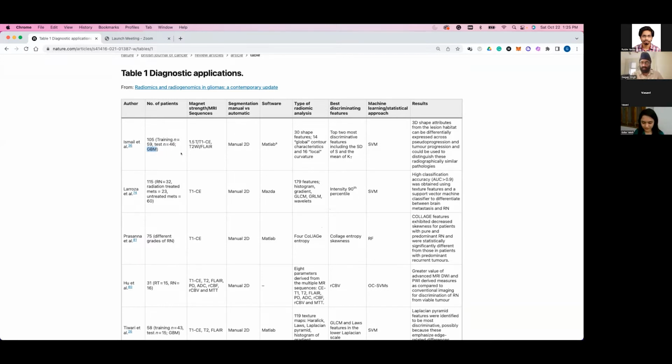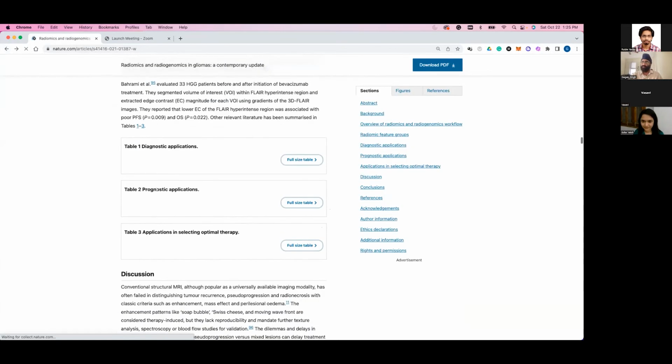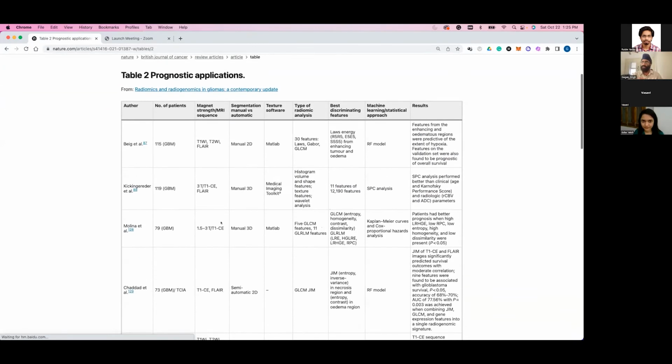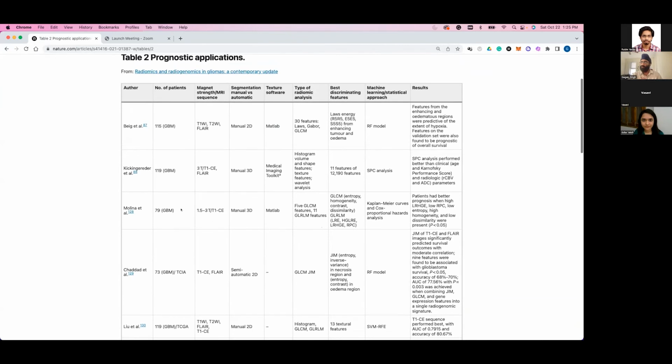Whether it's a systematic or narrative review, the only difference, like I said earlier, is that the bias component gets reduced in a systematic review. But this is how you want to give the information to your reader. So it makes sense. If anyone wants to look for any specific application, they can just go there, and all papers have information in a very standardized way. That's how we wanted to tell it to our readers.